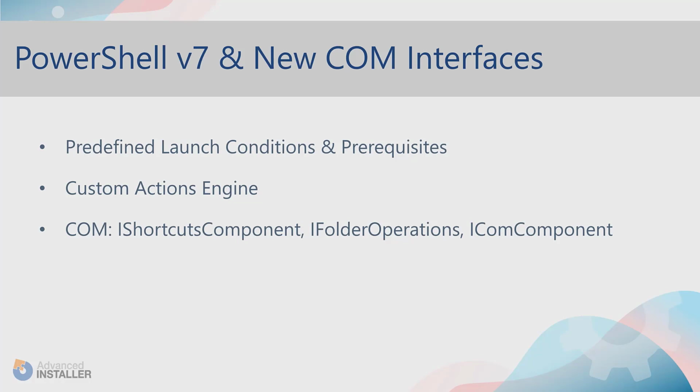Advanced Installer has had this support for PowerShell for a few years now, and it has evolved along the years. Basically, it gives you built-in support to run PowerShell scripts as custom actions with dedicated commands that allow you to get and set properties. So you can basically connect your PowerShell script logic with the Windows Installer engine and the logic that is executed inside your MSI, and get the power that you would usually get using a .NET custom action or a C++ custom action.